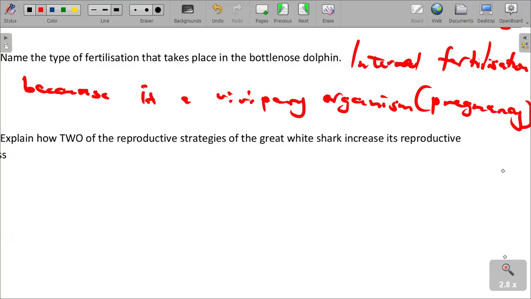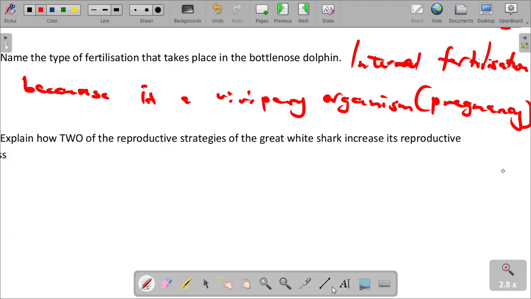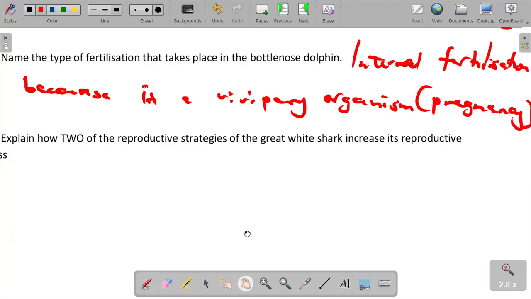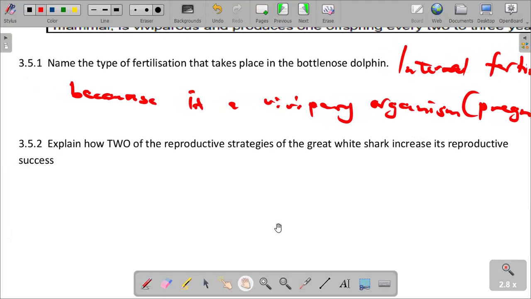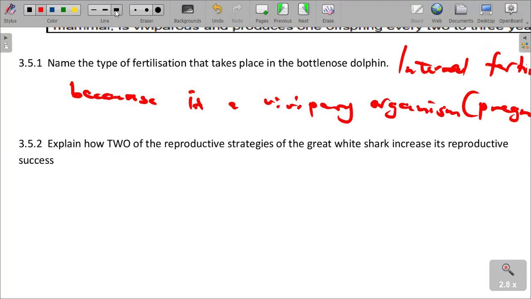Explain how two of the reproductive strategies of the great white shark increase its reproductive success. One, internal fertilization.